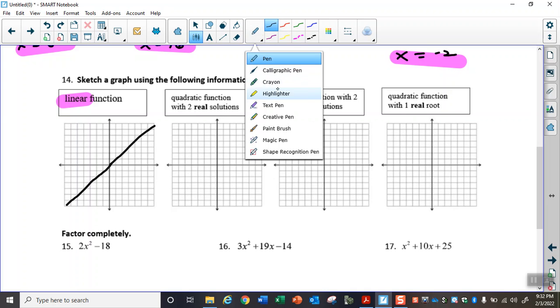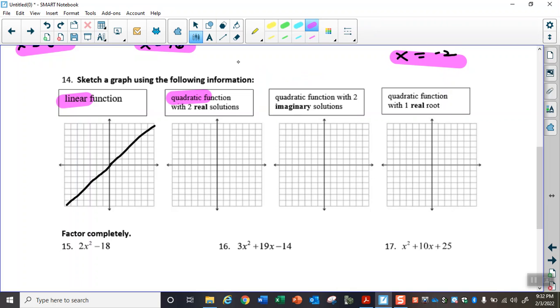Quadratic means it is that parabola shape. And if it has two real solutions, that means it crosses the axis twice. All right.